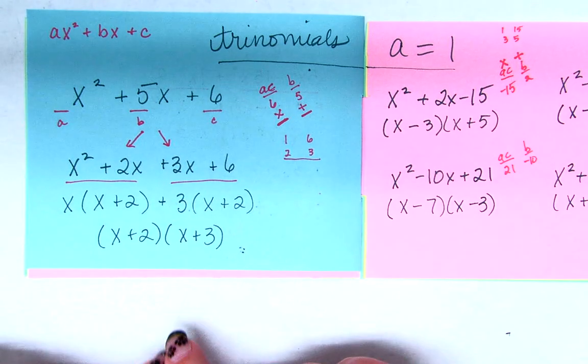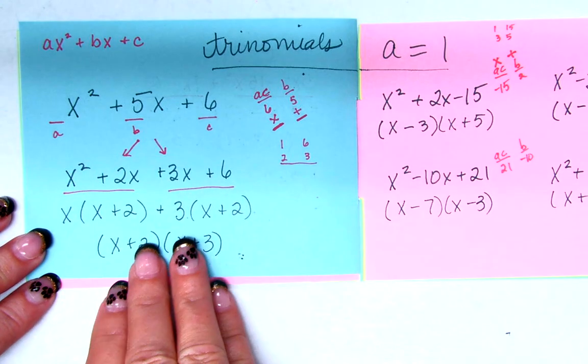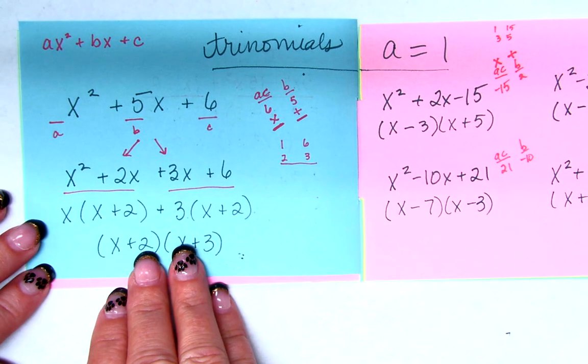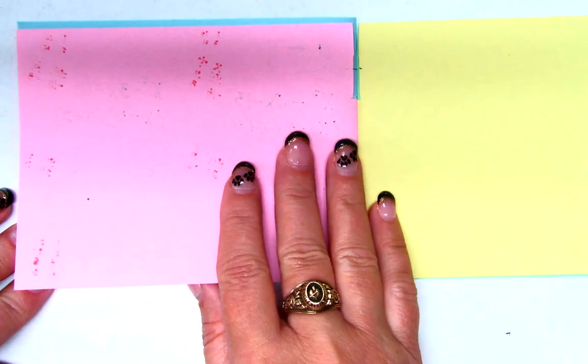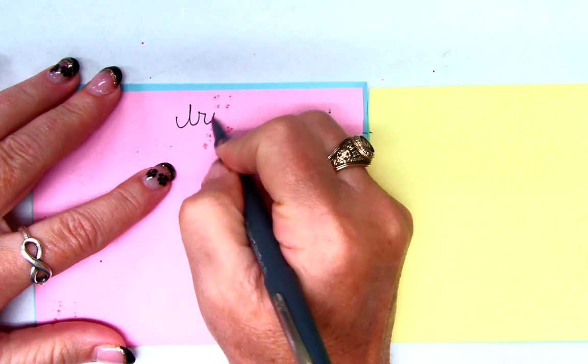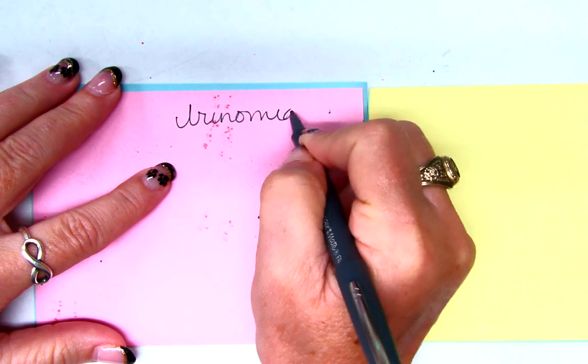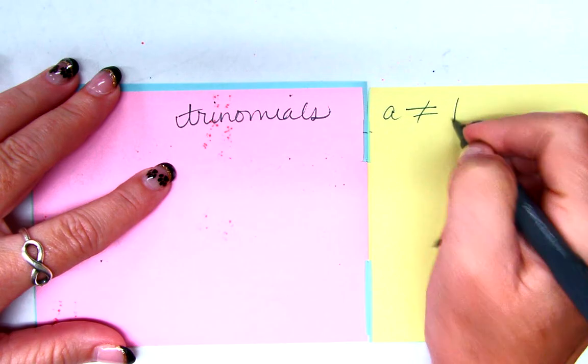So what happens when a is not 1? We can't do the shortcut, but we can do this, right? Our notes for the day: trinomials, a is not 1.